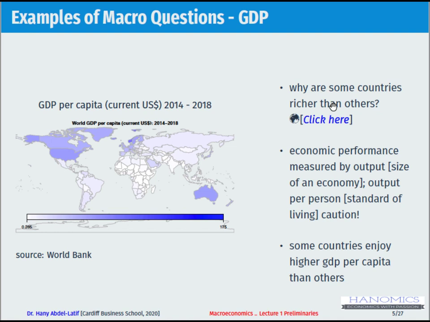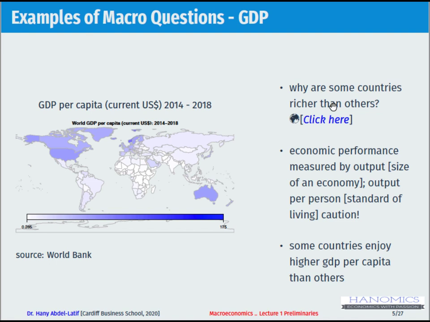What you see here goes from a very light blue, nearly white color, to a dark blue color. As you move toward the dark blue color, that means it's a richer country, a higher level of GDP per capita. Okay? So it's very clear when you look at the map where the rich countries in the world are.